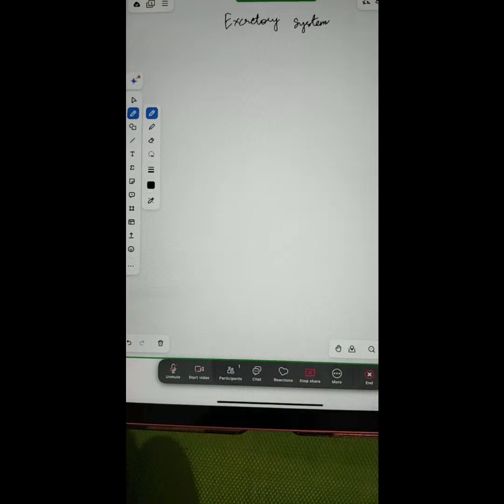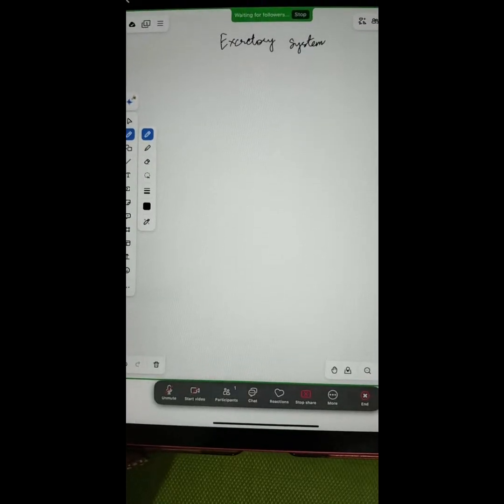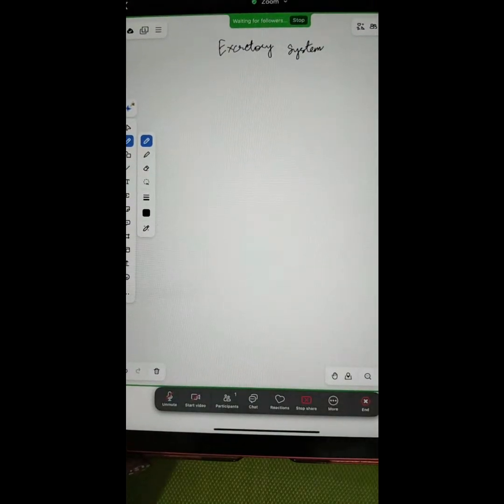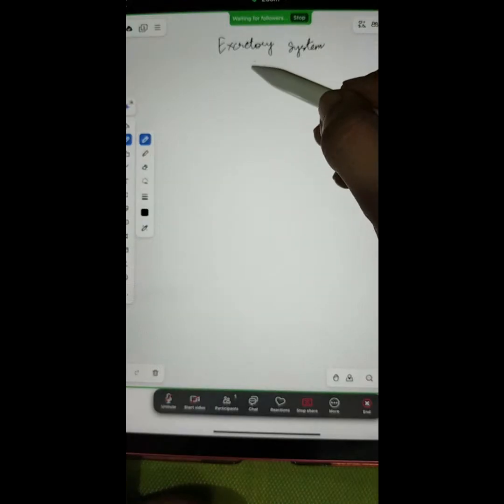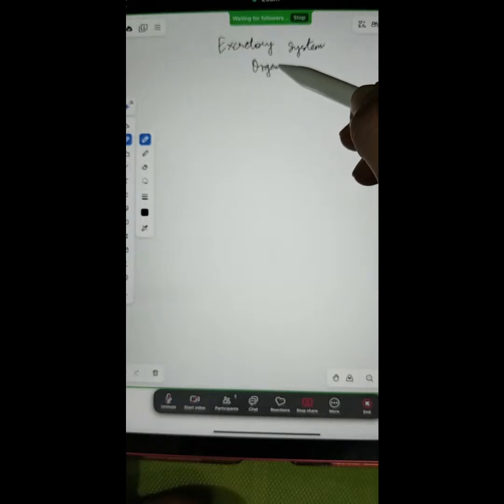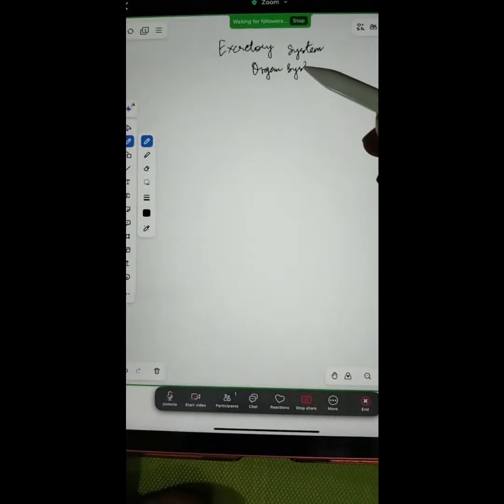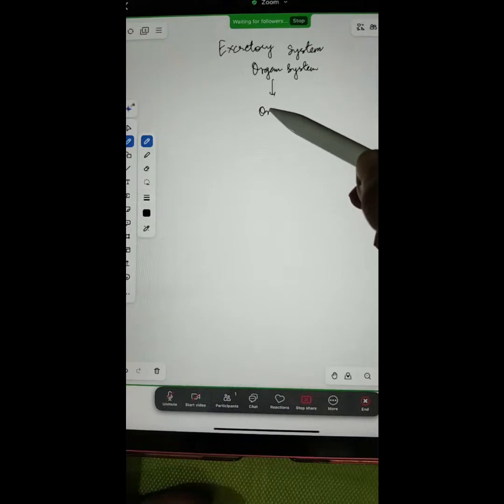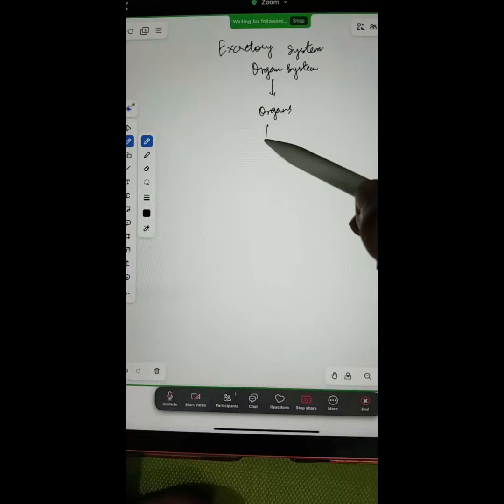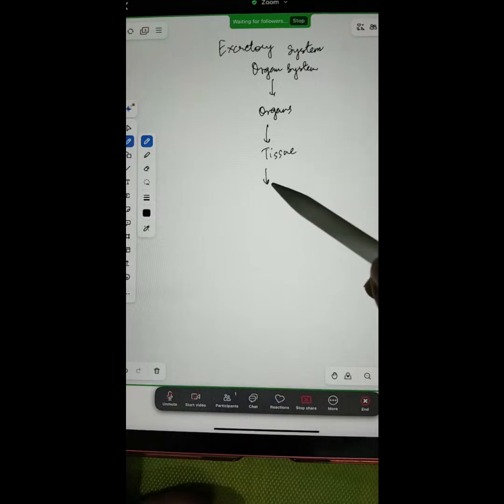The excretion function is being performed by the excretory system. When it has the suffix system, that means we are talking about an organ system. An organ system is made up by the combination of organs. Organs are made by tissues, and tissues are formed by the collection of cells.